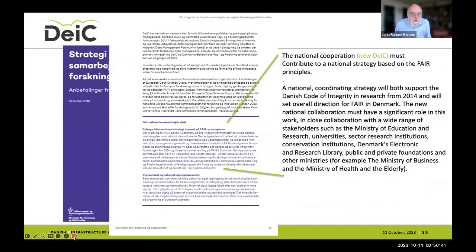For that reason, in the strategy, as I mentioned before, there is a section on data management. As I said, it's in Danish, but I have tried to make a quick translation into English.